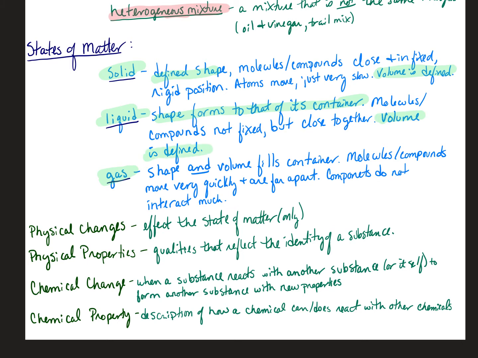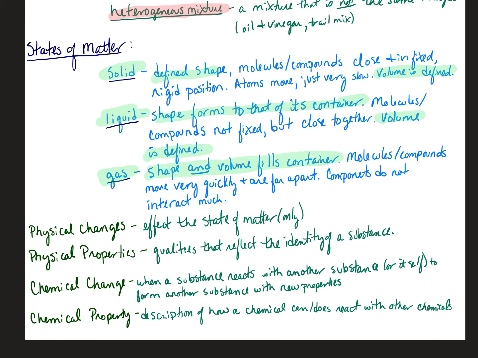So these have atoms that are moving around more. They may interact with each other a lot and not really stay in one type of position. And then finally we have a gas, whose shape and volume fills the container.